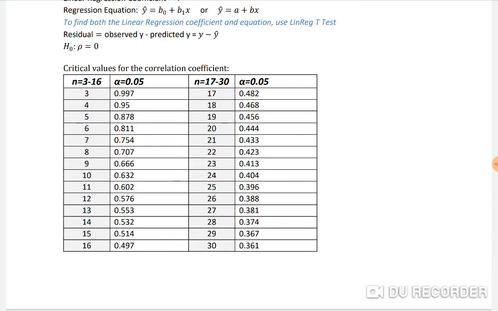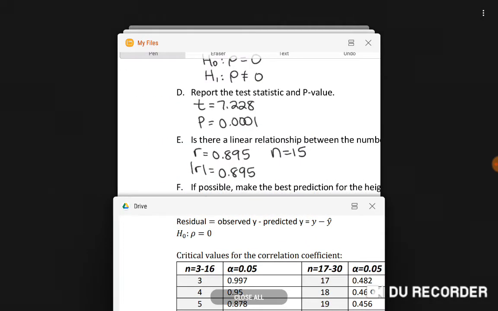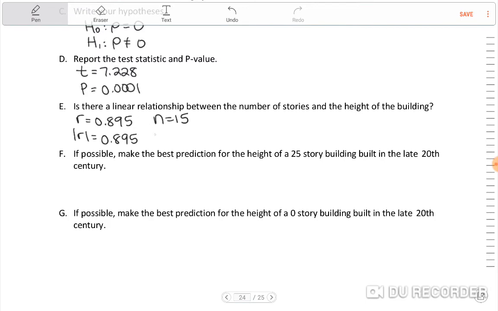So we come back over here to our table. Let me say critical value is 0.514. And when you compare, you say, okay, my R is greater than my critical value. And so if R is greater than the critical value, then there is a linear relation.